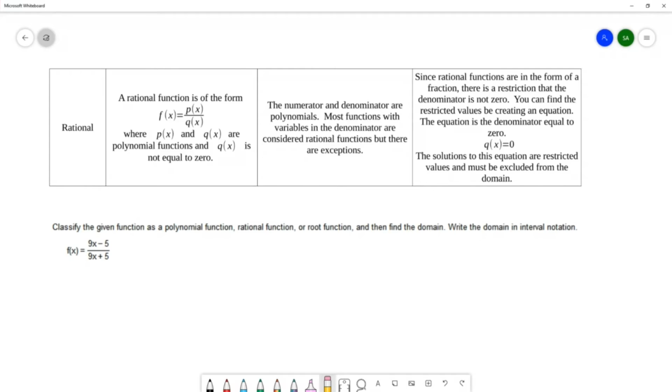But honestly, that doesn't matter when we're finding the domain. We find the domain in the same way when there's a variable in the denominator, whether it's a rational function or not. So when you're looking for rational functions, you're looking for a function that has a fraction, that has a variable in the denominator.